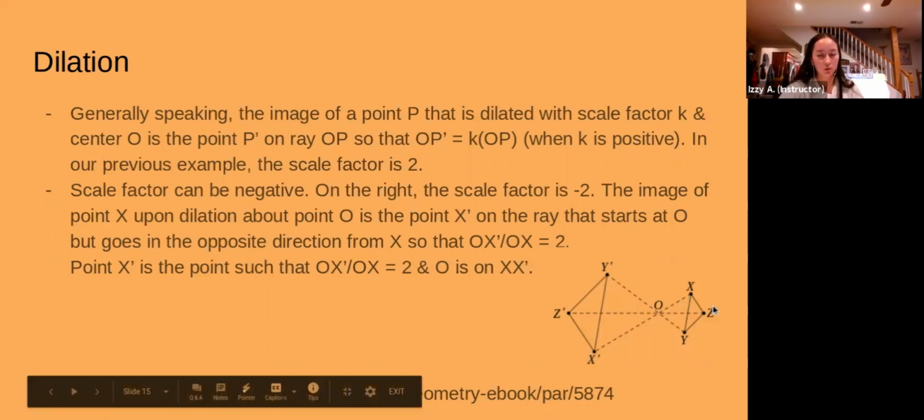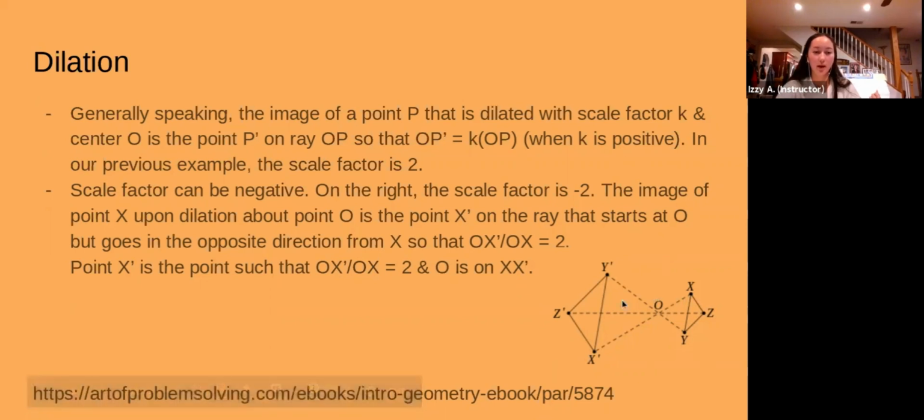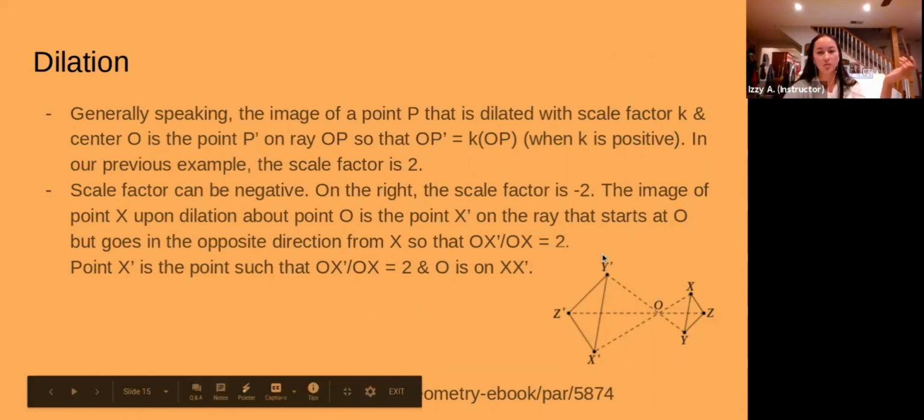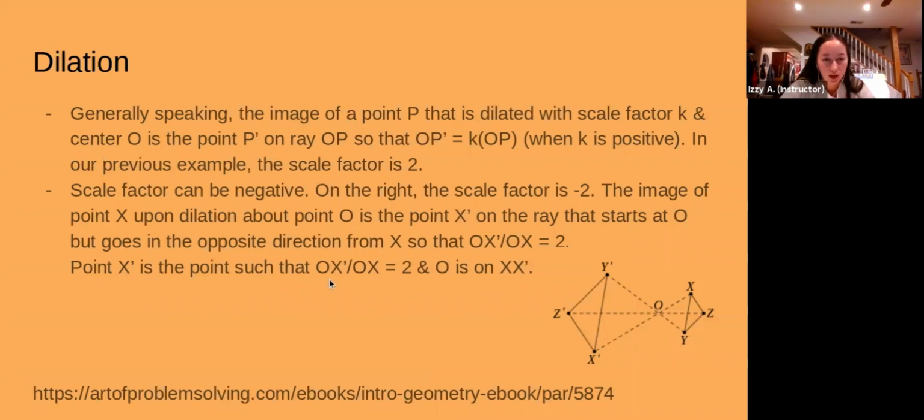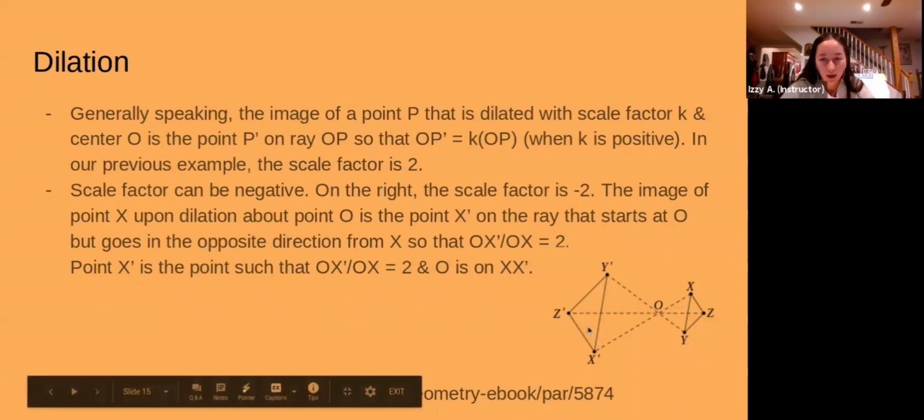As a result, that would become -2, because if you go to the right, like on a number line, that's positive, but if you go to the left, that's negative. That's why. And point X' is the point such that OX' divided by OX is equal to 2, and O is on XX'.